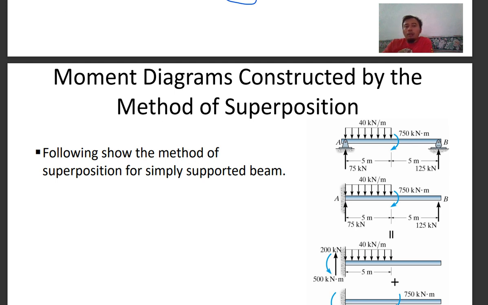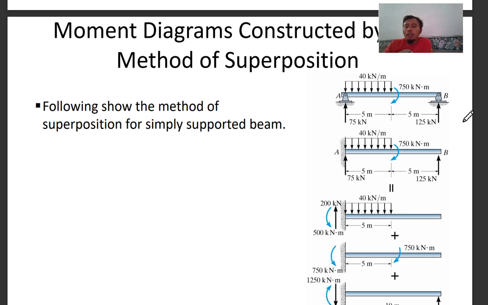And then the method of superposition is basically like this. If you have a beam like this with a pin and roller at B, then you have a distributed load of 40 kilonewton per meter over half of it, and then you have a moment at the center of it.